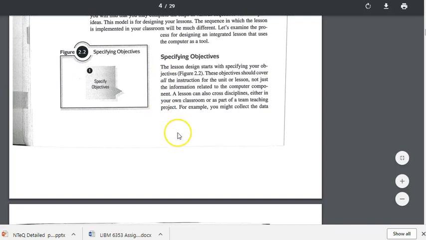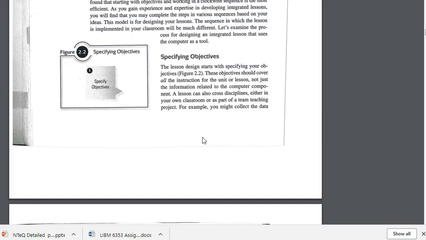So if you do start with specifying your objectives, make sure that your objectives cover all the instruction for the unit or lesson, not just the information related to the computer component. A lesson can cross disciplines, either in your own classroom or as part of a team teaching project. Now remember, you are picking at least one content area, and the School Library Media Center.